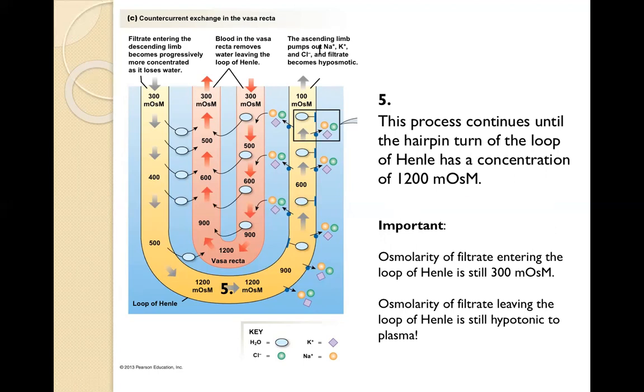So the osmolarity of the filtrate entering the loop of Henle is still 300, and the osmolarity of the filtrate leaving the loop of Henle is hypotonic to the plasma. But as it goes down the loop of Henle, it gets concentrated, and then that solute is removed until it becomes hypoosmotic or hypotonic.